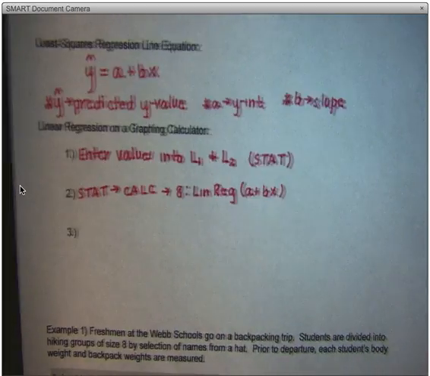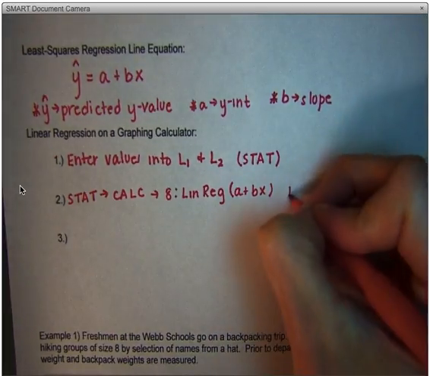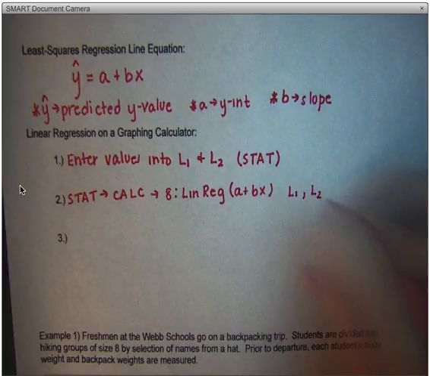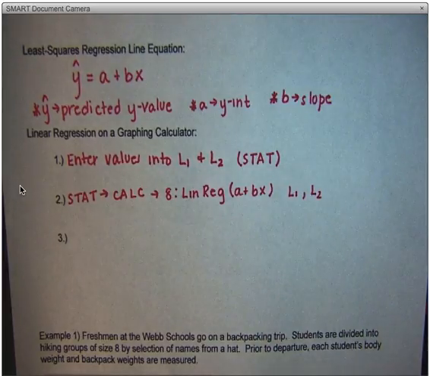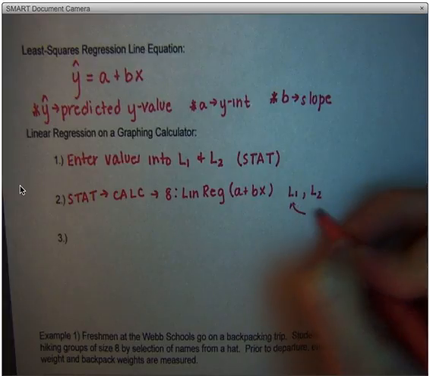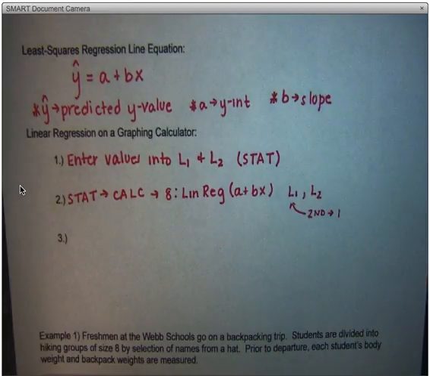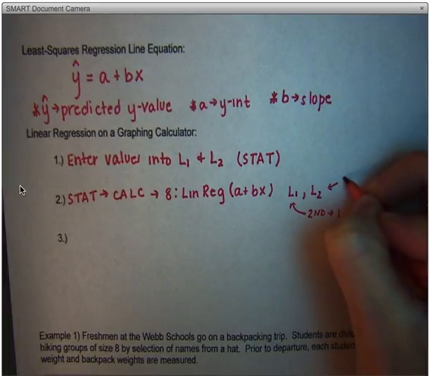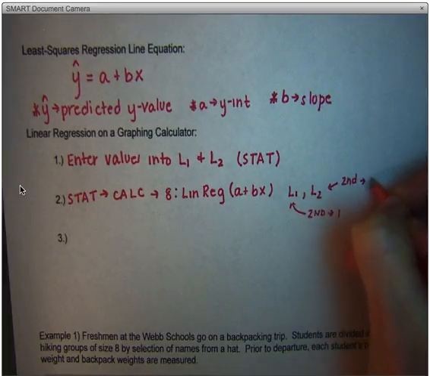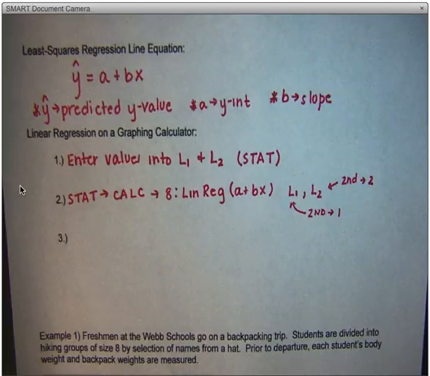Okay, once you get that, then we need to put L1 and L2 in the calculator. So to find L1, you're going to do second and then the number 1. L2 you're going to do second and then the number 2. So those are the only steps. Third step is just sometimes for some people.